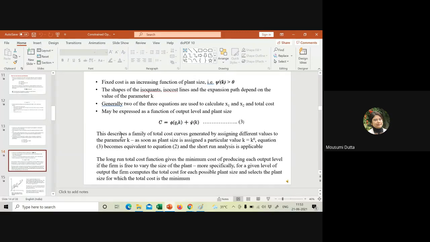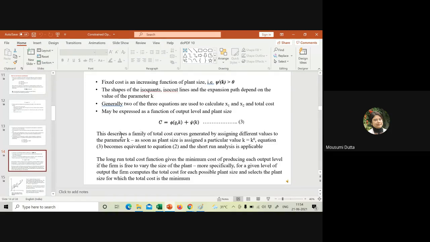So just a little difference is there. As long as C is a function of output and the plant size, it is a long run cost. And whenever K is replaced by a fixed number, say K naught, it becomes a short run cost. I'm repeating, as long as you have the option to select different values of K, alternatively, as long as C is a function of output and the plant size, it is a long run cost.